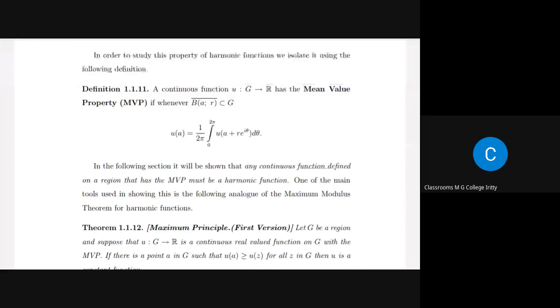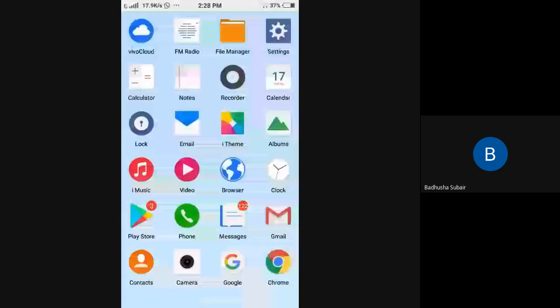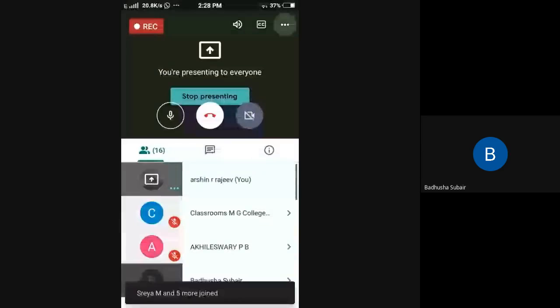Okay, sir. So my section is over. Sir, shall I introduce the next person? Yes, Badusha. Next I introduce Mrs. Swetha Unnikrishnan. So she will continue the next portion. Swetha, please. Sir, shall I present the screen? Yes.